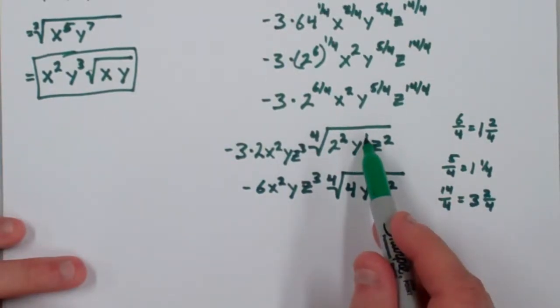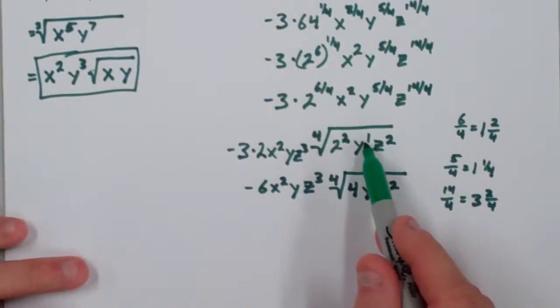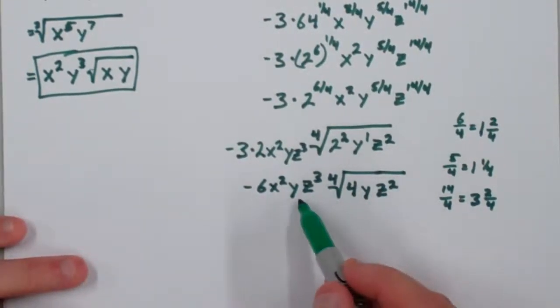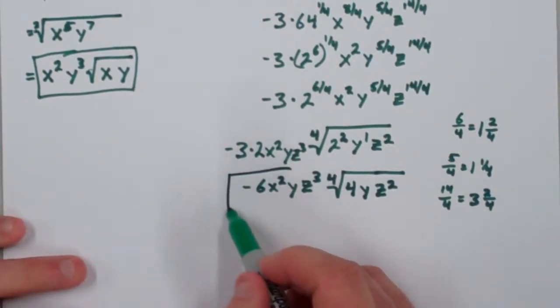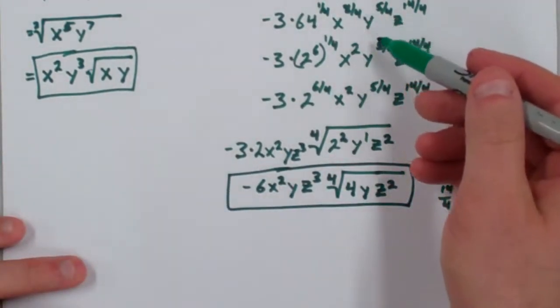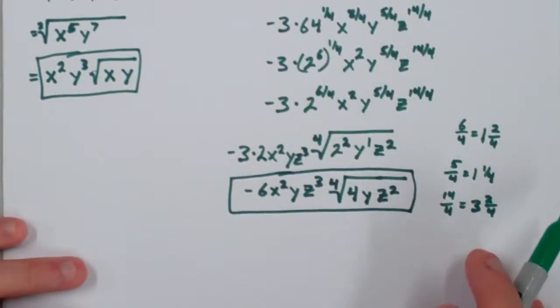If you ever have a number here like maybe a 7, well, 7 divided by 4 is 1 and 3/4, so pull the 1 out as an exponent and make sure you write your base and exponent on the outside. This would be your final fully simplified solution, again using rational exponent notation and then changing it back into radical notation.